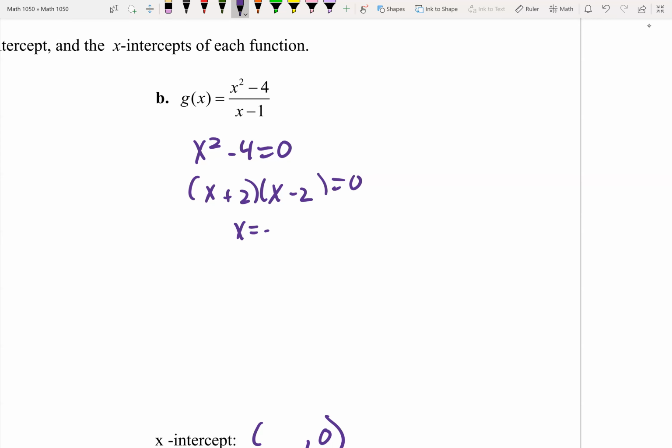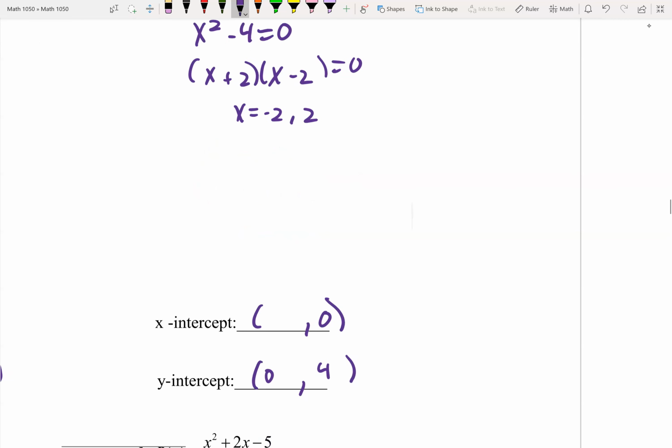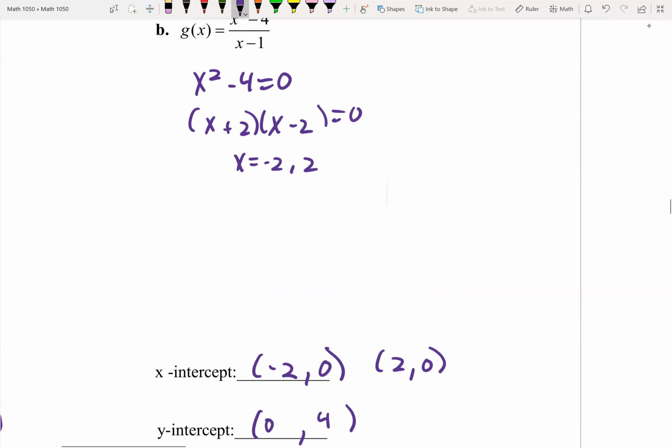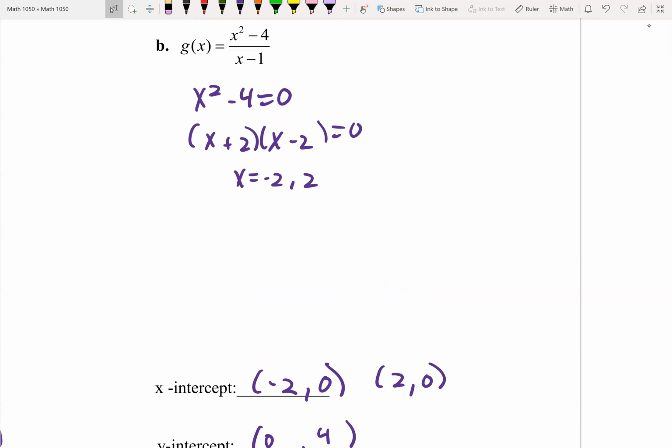So I get x equals negative 2 and x equals positive 2. Okay, the x-intercepts are negative 2 comma 0 and 2 comma 0, but I'm not stopping there. From last time's lesson, do those x-intercepts bounce or do they cross? They cross because the exponent's 1.